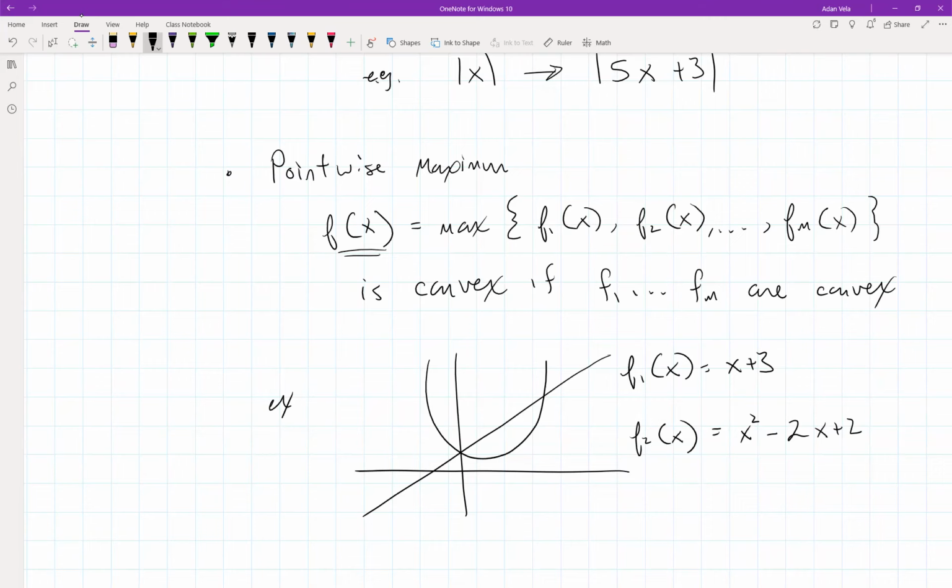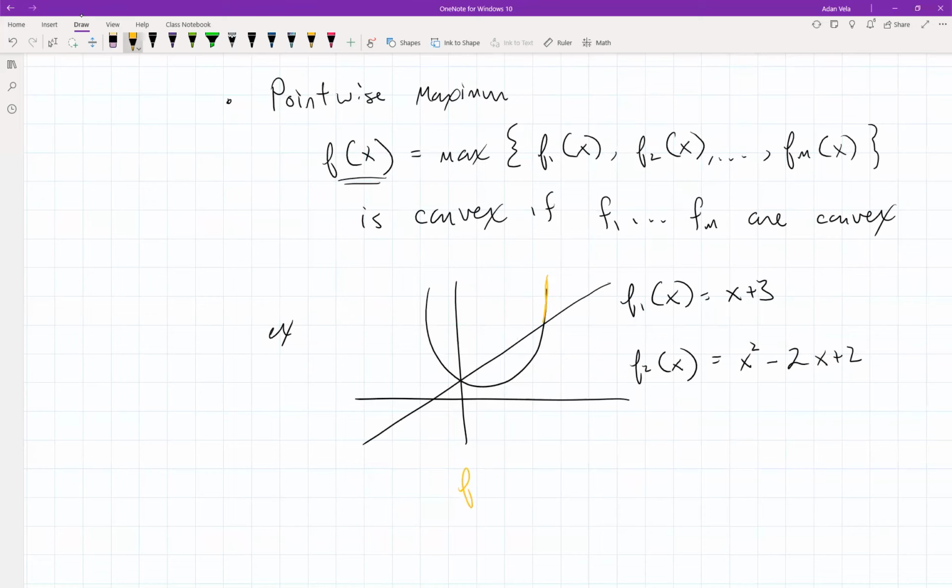All right. So if we are taking the maximum of these two functions at any point, so if I were to write f of x is equal to the max of x plus 3 and x squared minus 2x plus 2, okay?